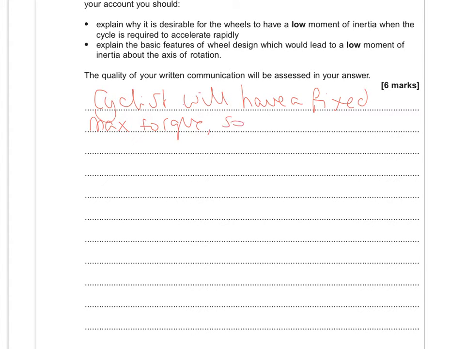So to have maximum acceleration, which is what you want, obviously as a cyclist you want to reach your top speed as quickly as possible if you're racing. Your moment of inertia must be minimized.